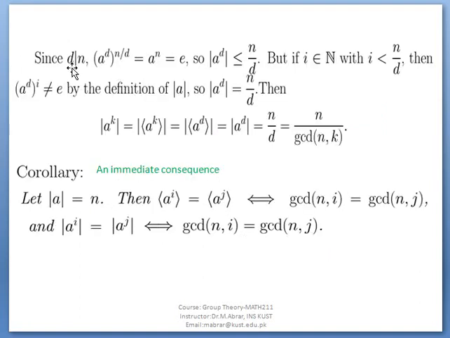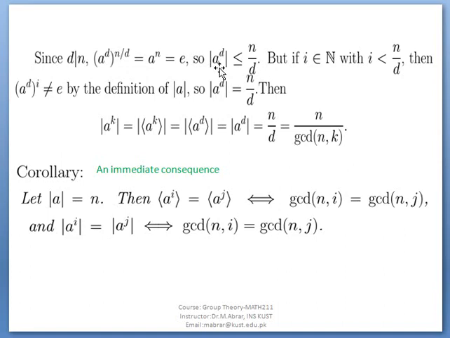Because this d was the greatest common divisor, it definitely divides n, so we see A raised to d, and then raised to n divided by d is nothing but A^n, and because n was the order of A, it gives e.